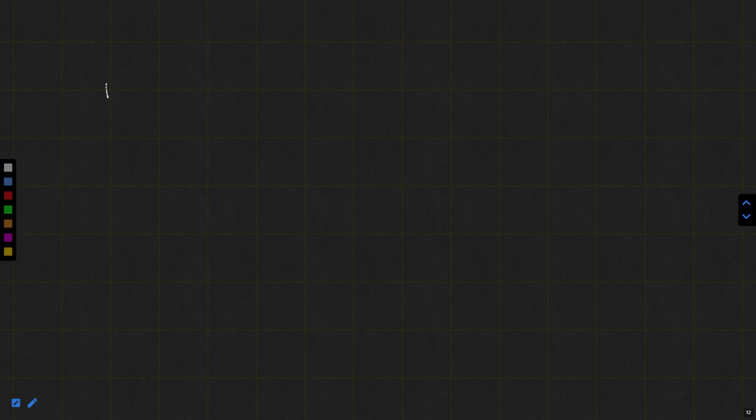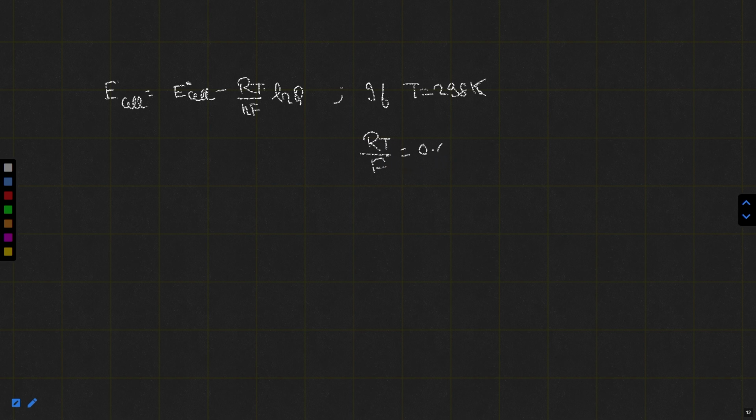The first one we have studied is the Nernst equation, which says that E cell is equal to E naught cell minus RT by nF ln Q. Now if T is equal to 298 Kelvin and we are taking standard condition, then this RT by F will be equal to 0.0591. So this was our first equation that we have seen.